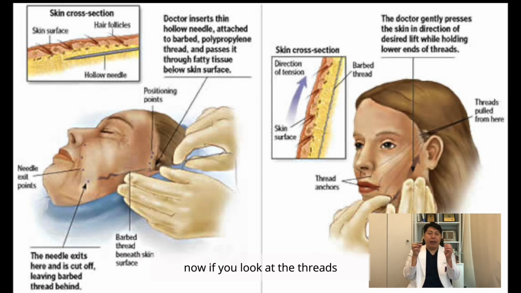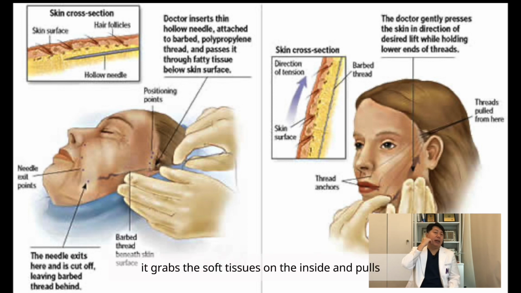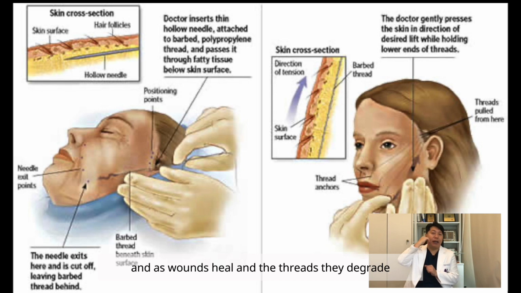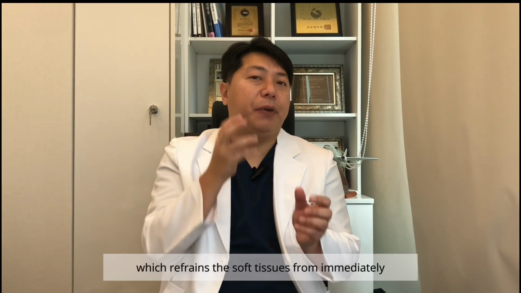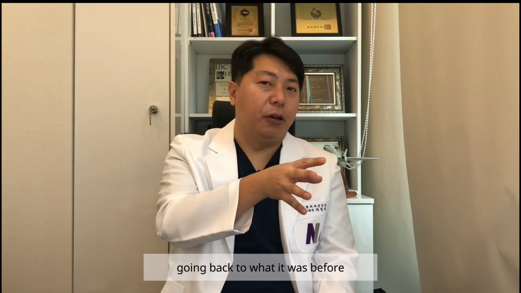If you look at the threads, it's an absorbable thread with spikes along the thread line. It grabs the soft tissues on the inside and pulls. And as the wounds heal and the threads degrade, there's going to be collagen formation along the inserted site, which restrains the soft tissues from immediately going back to what they were.